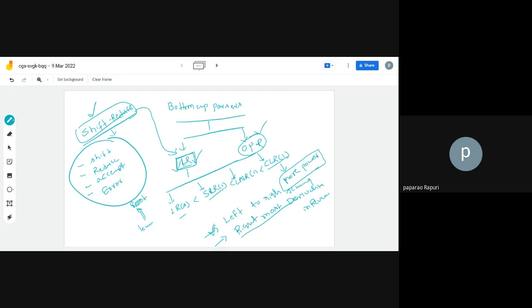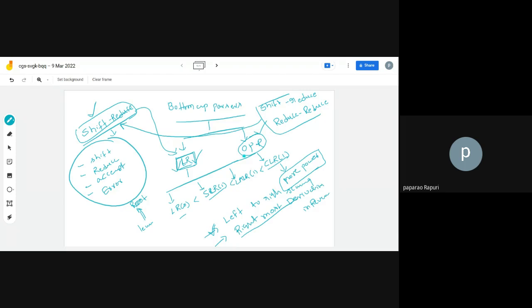In shift reduce parsers, we got some problems: the shift reduce problem and the reduce reduce problem. These two problems may arise in the shift reduce parsing technique.